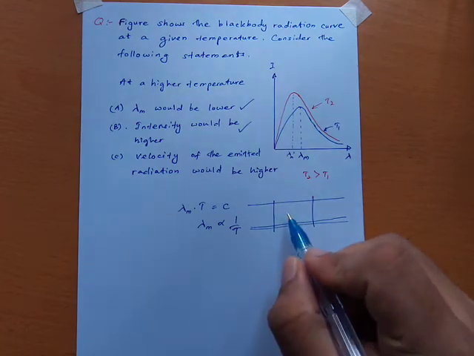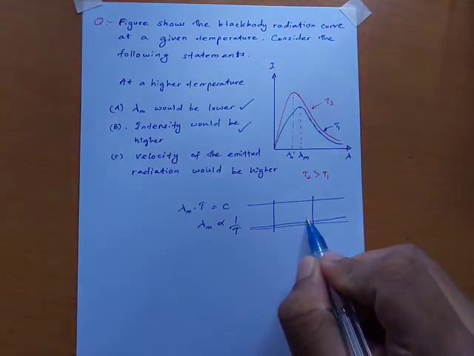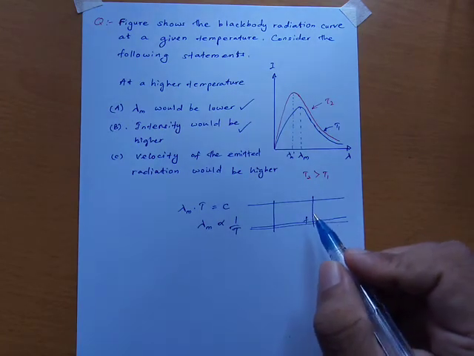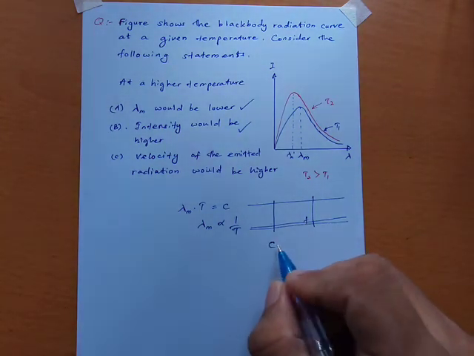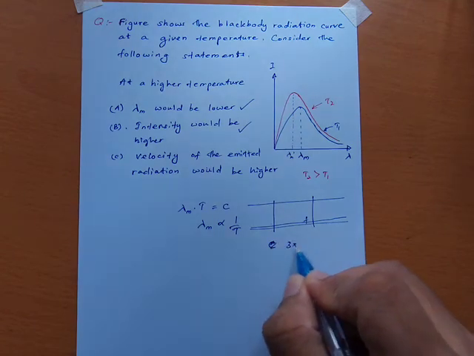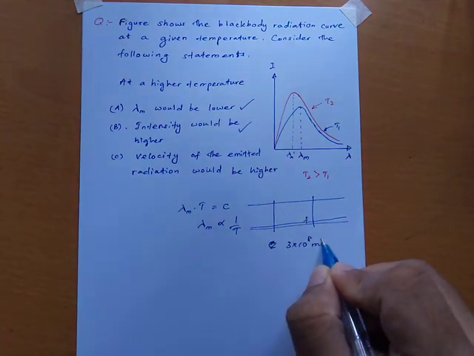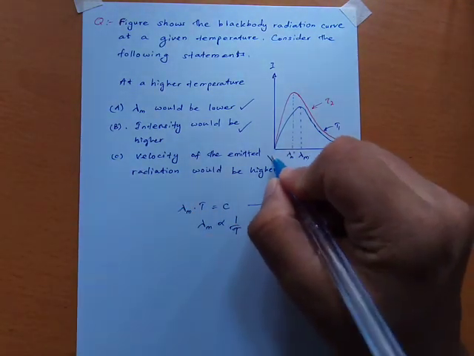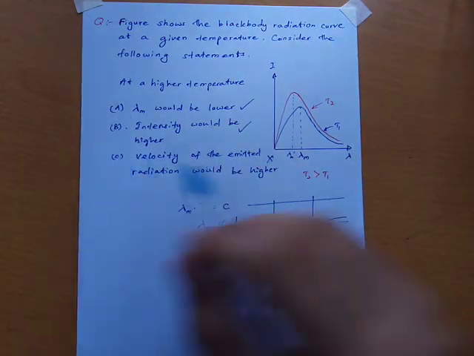So even though the frequency is increased, the speed remains the same, that is the speed of light, which is 3 times 10 to the power 8 meters per second. So statement C is false, and only A and B are true.